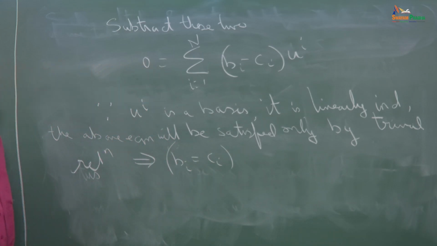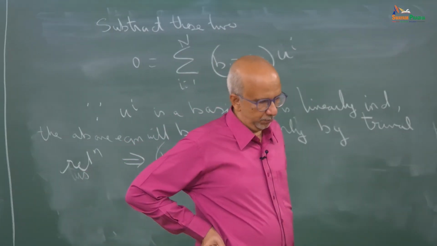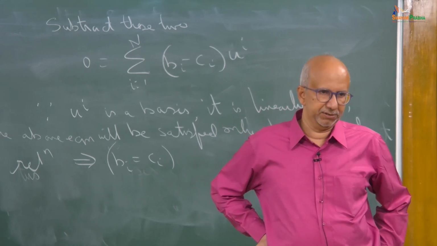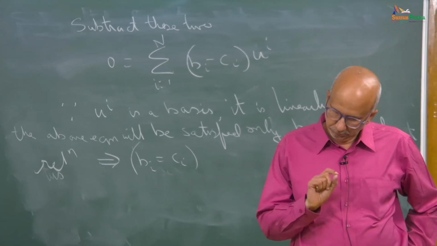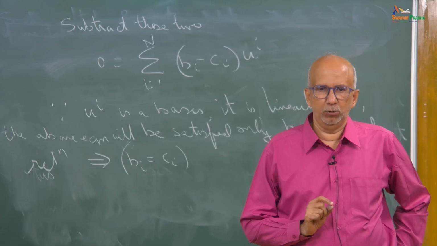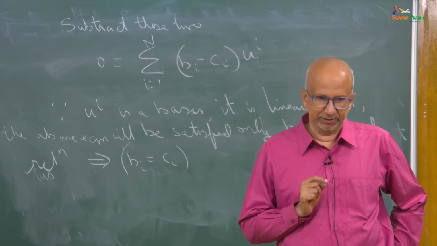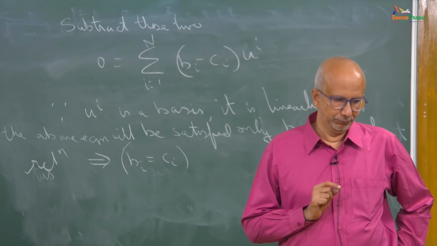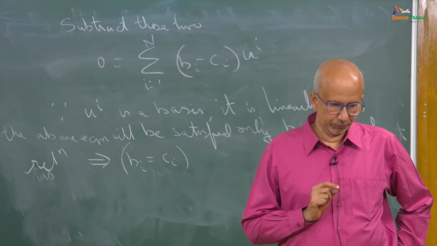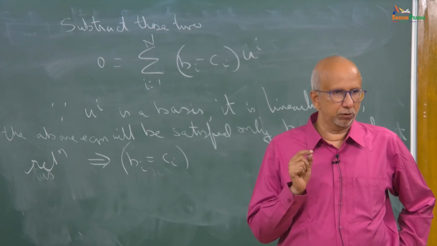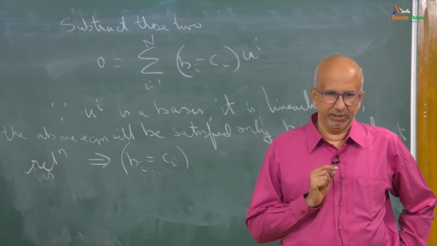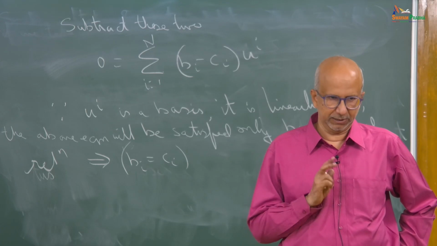All the coefficients have to be 0. So, basically I am saying that the representation is unique. Given a particular basis, there is only one way to represent an arbitrary vector. And you can have more than one set of vectors as basis, not that the basis is unique. That is something which you have to understand.